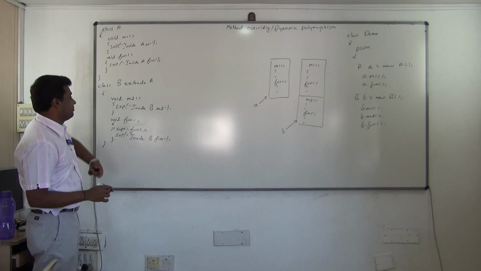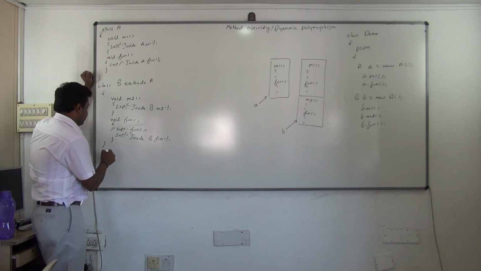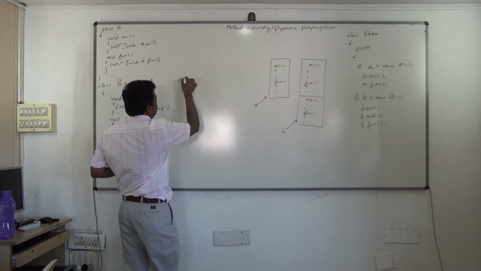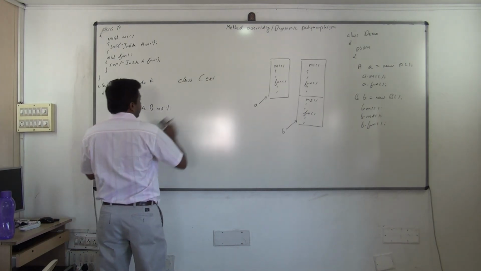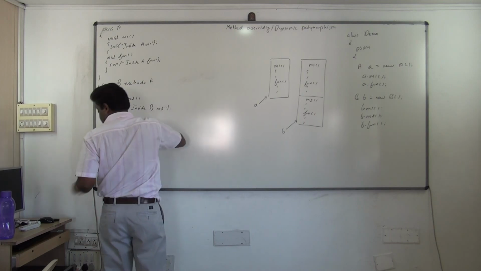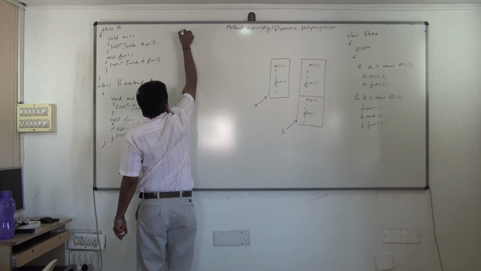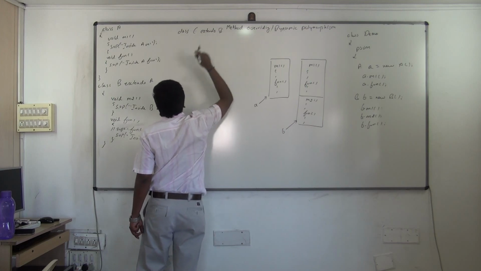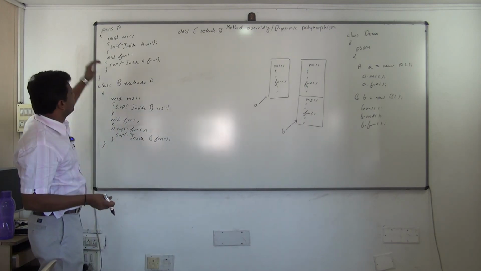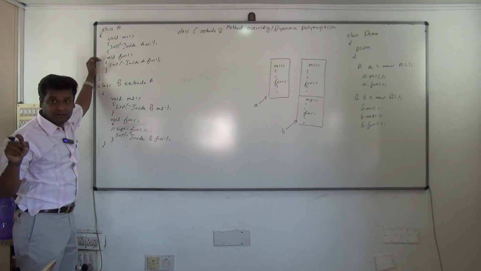Now if you are happy with this code, use it. Else you can modify now. What will you modify? I'll write beside here itself. Class C extends, or I'll write from the top. If in case I require D, it will be helpful. Class C extends. Now what is happening here?